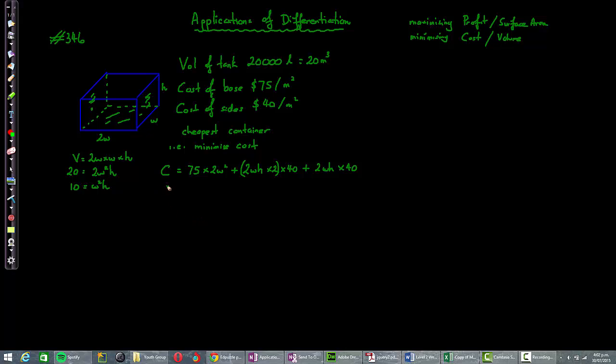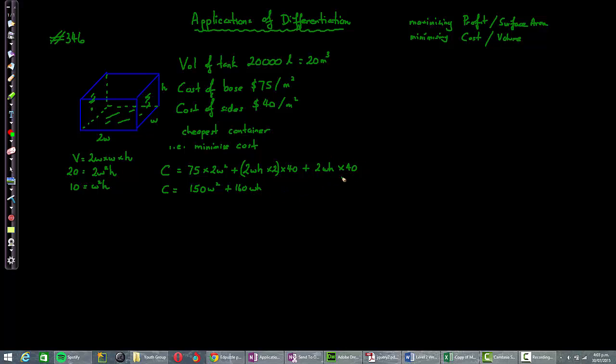Alright, let's try and simplify this. This is going to be 150 W squared after multiplying 2W squared by 75, of course. That's going to be 4WH times 40. 4 times 40 is 160, so that's going to be 160 WH.